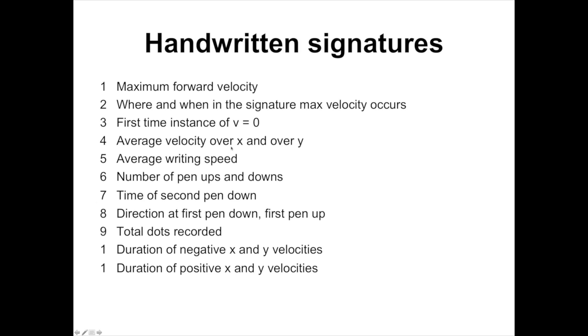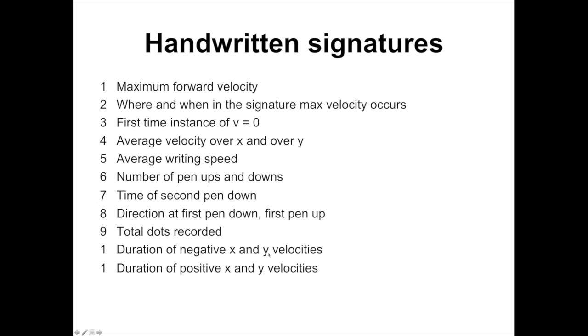In other words, what's the maximum speed at an angle? Average writing speed, number of times the pen lifts on and off the paper. What is the second time that the pen goes down on the paper? What direction is the pen moving the first time it goes down, or the first time the pen goes up? How many dots, in other words, how many i's are recorded? How many periods?